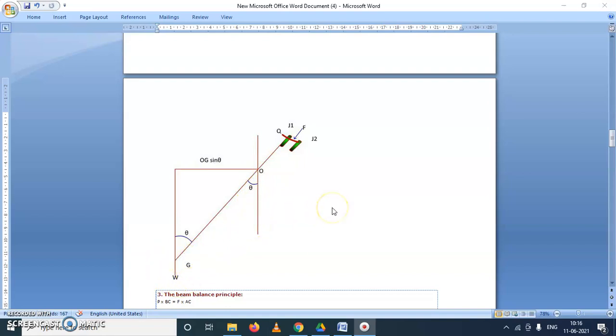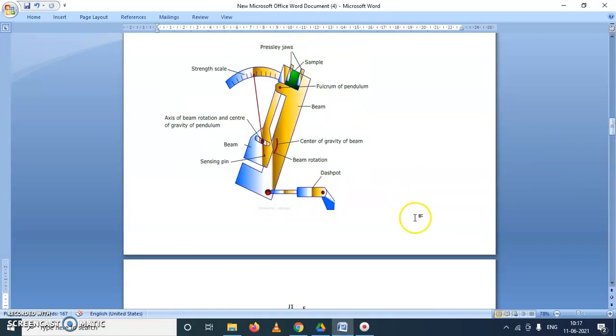So F is directly proportional to sine theta, other terms are constant. So we can say that the stellometer is basically based on the pendulum lever principle, that is F is directly proportional to sine theta.